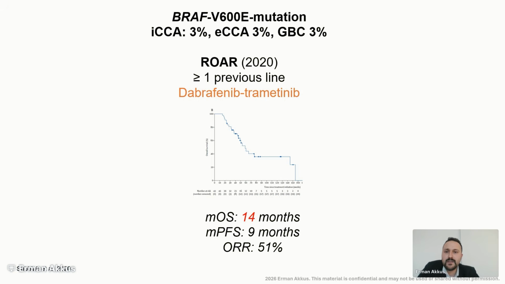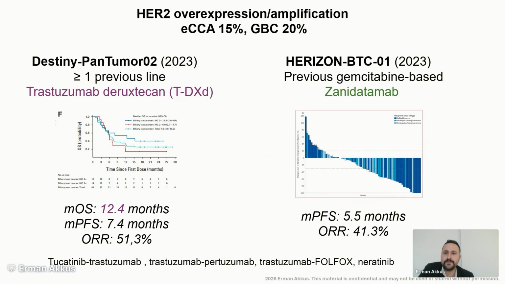And another target is BRAF mutation. It's observed in around 3% of BTCs. In the ROAR study, dabrafenib and trametinib showed a median OS of 14 months and median PFS of 9 months. Response rate was 50%. HER2 overexpression and amplification is mainly observed in extrahepatic cholangiocarcinoma and gallbladder cancer instead of intrahepatic cholangiocarcinoma.